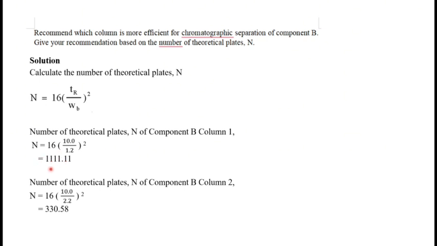For component B column 1, the number of theoretical plates is 1111.11. Meanwhile, for column 2, component B, the value of n calculated is 330.58.